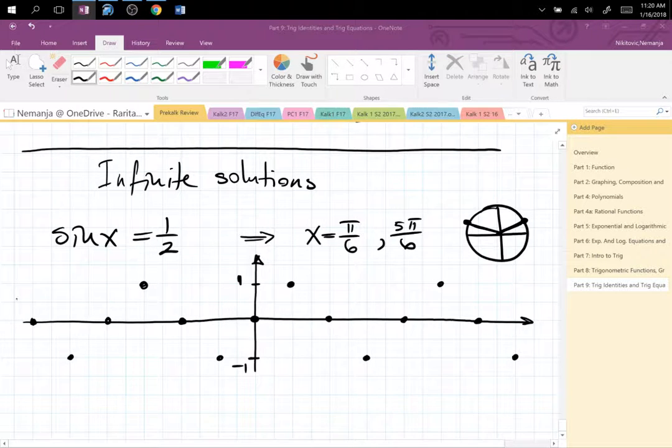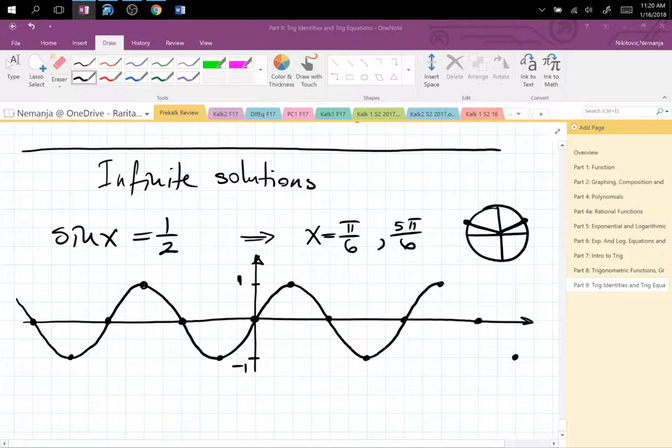All right, so and then I'm going to hit the, let's go blue, 1/2.